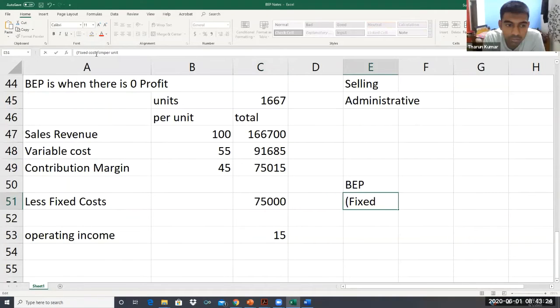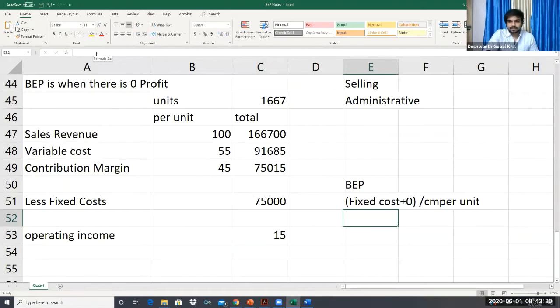Zero, right? Your profit is zero at the break-even point. But we are not here to make zero profit. We are here to make some profit.